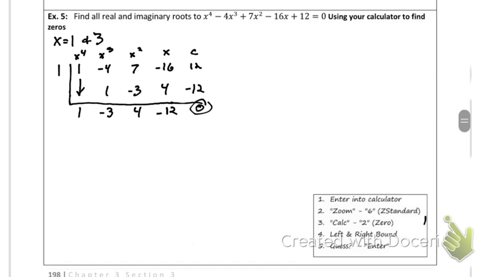So what we have right now is we just factored out x minus 1. So we have x minus 1 times 1x cubed minus 3x squared plus 4x minus 12.